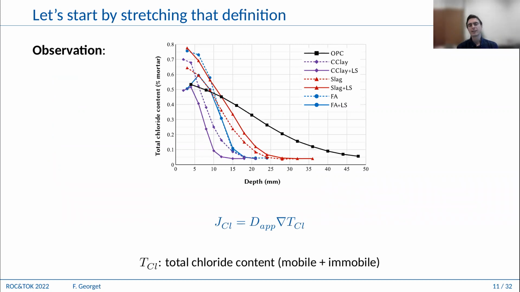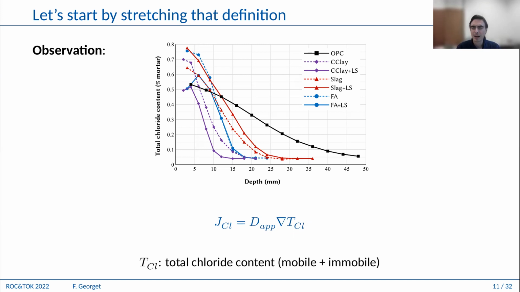But you give these nice tools to cement scientists, and the first thing they do, they break it. We saw that these things look vaguely like a diffusion profile. If it looks vaguely like a diffusion profile, let's try to define a diffusion coefficient according to it. This diffusion coefficient is called the apparent diffusion coefficient. But as you can see, in this case, the gradient factor has to be the total chloride content, because this is what is the easiest to measure.